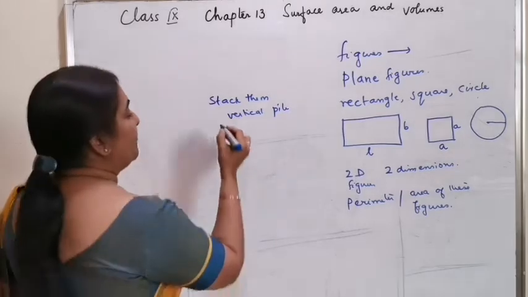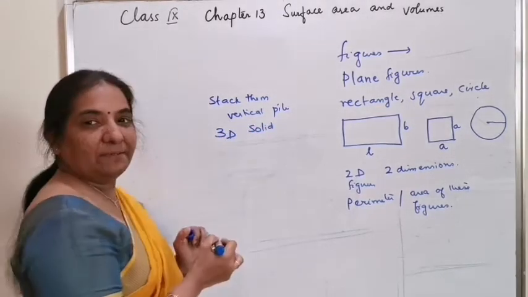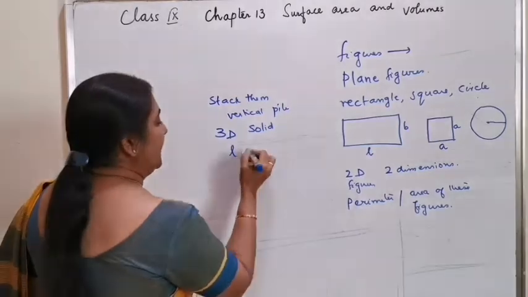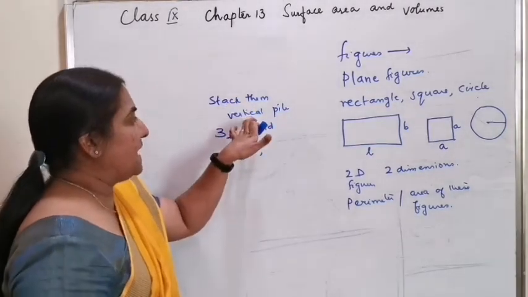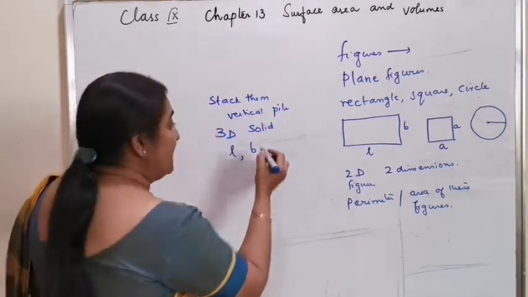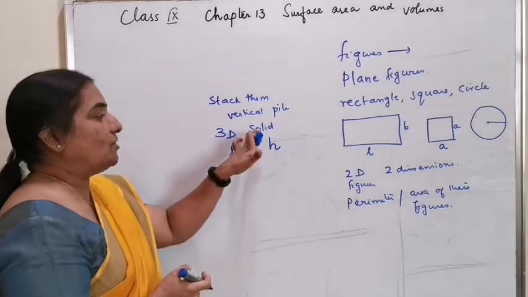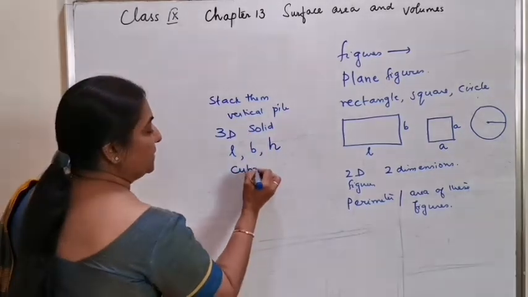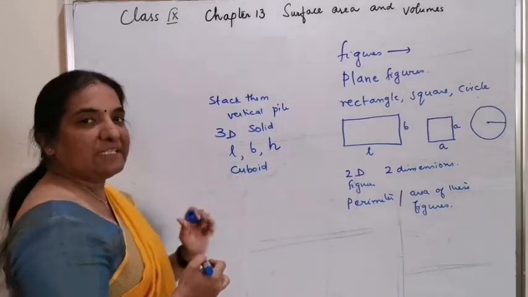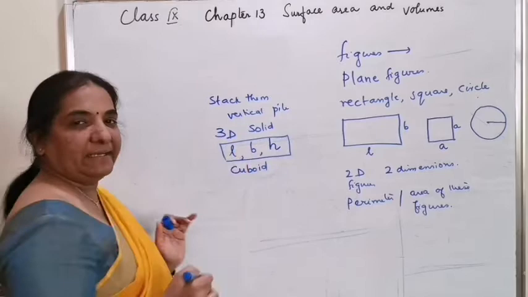The shape formed will be a three-dimensional solid, because there will be length and breadth, and since it is a stack with a vertical pile, there will be a height also. So the solid formed is called a cuboid, which has three dimensions of length, breadth and height.